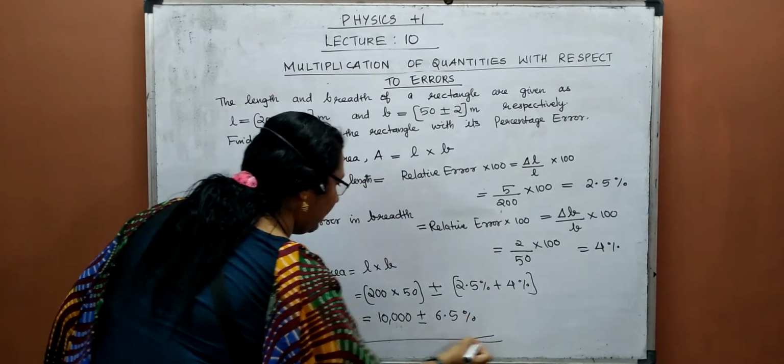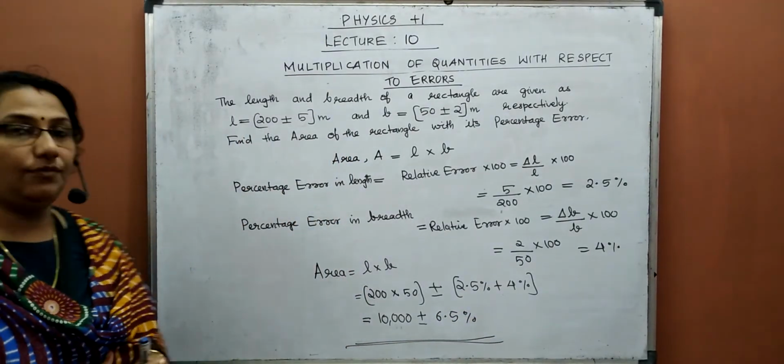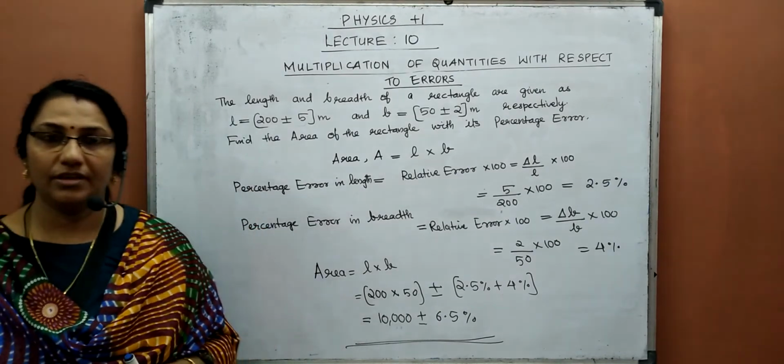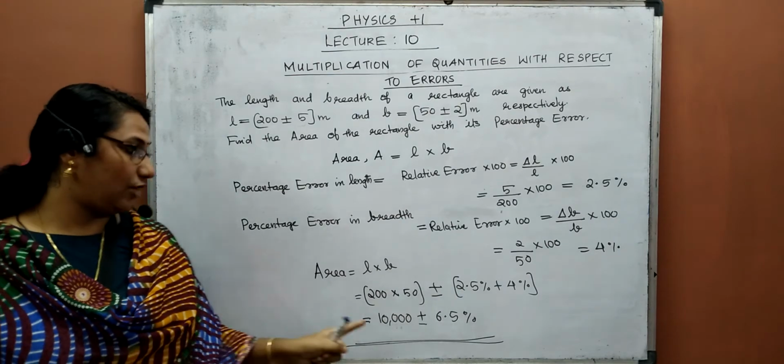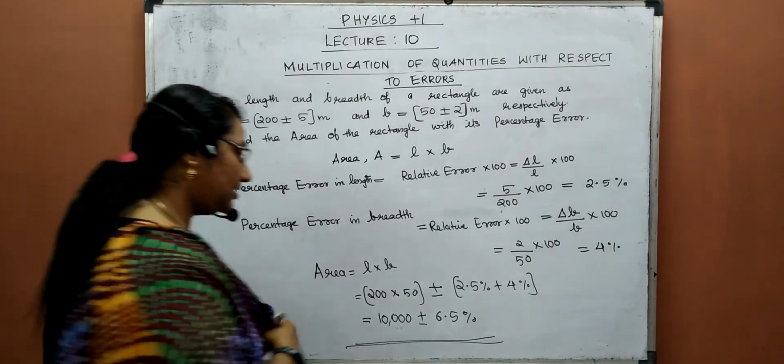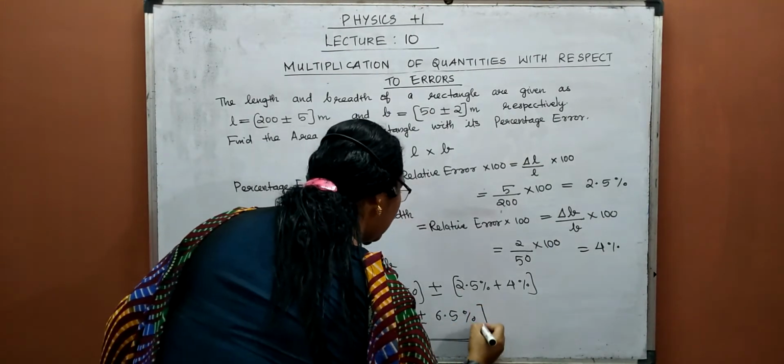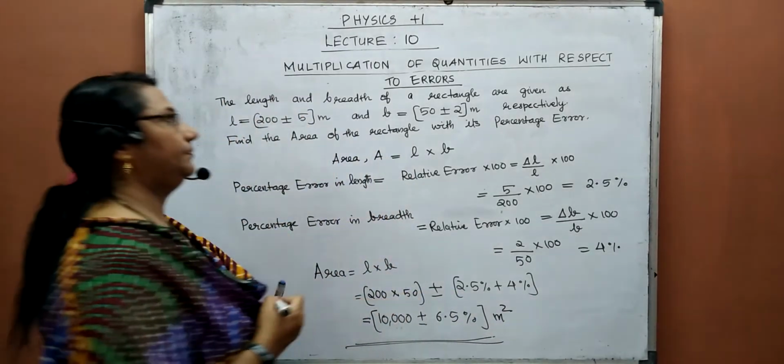Relative error into 100 is called percentage error. So the value becomes 10,000 ± 6.5 percentage meter square area.